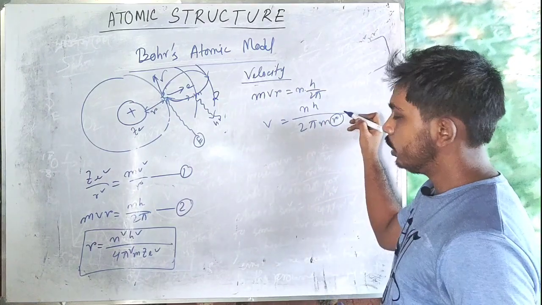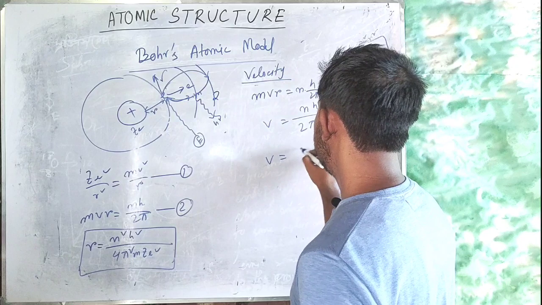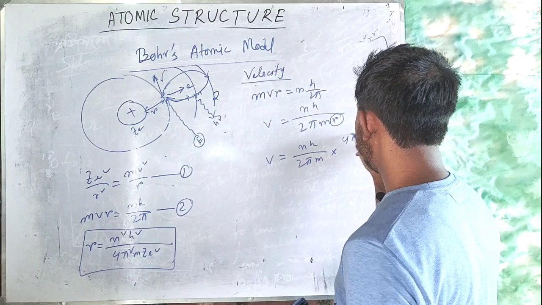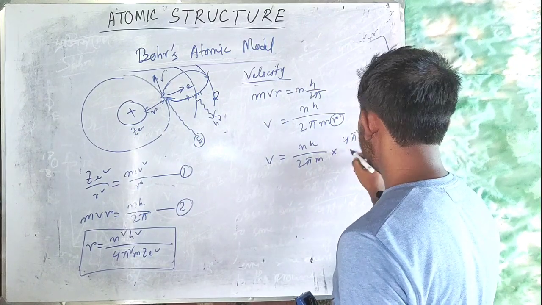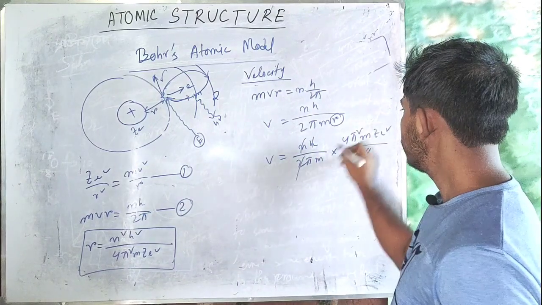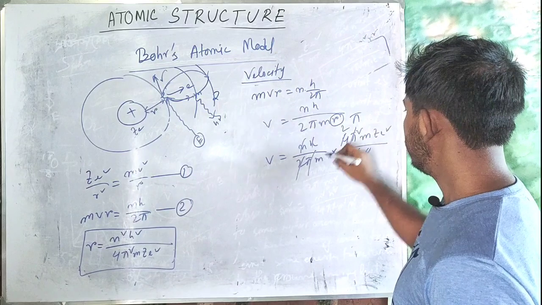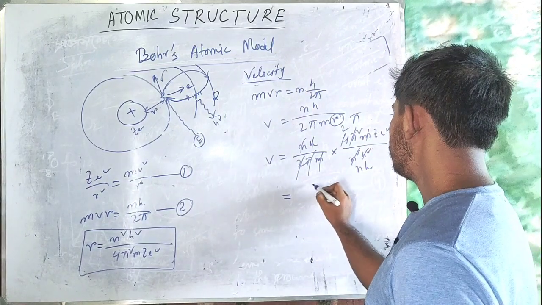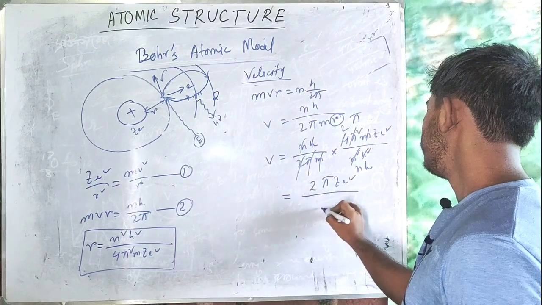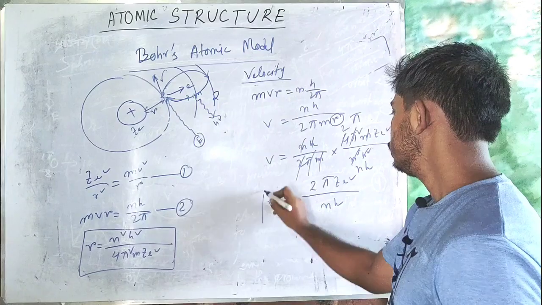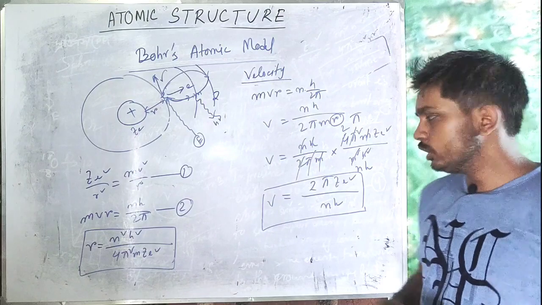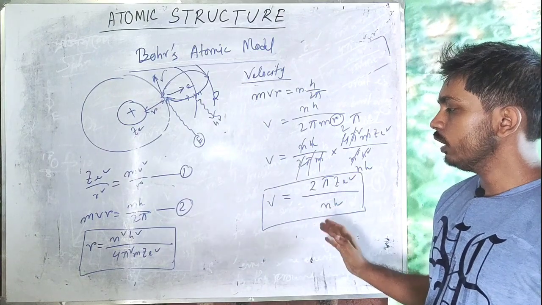Now putting the value of r in this equation, v is equal to nh/2πm into 4π²mZe²/n²h². So v will be equal to 2πZe²/nh. So this is the equation to calculate the velocity of an electron while rotating in a Bohr orbit.